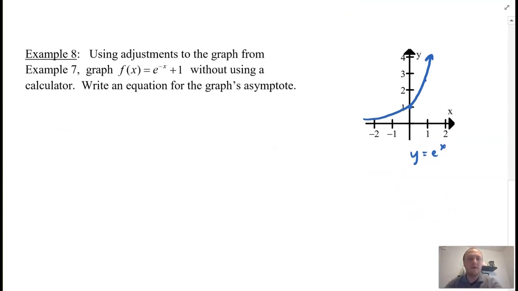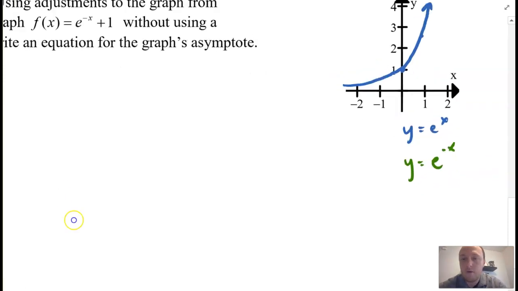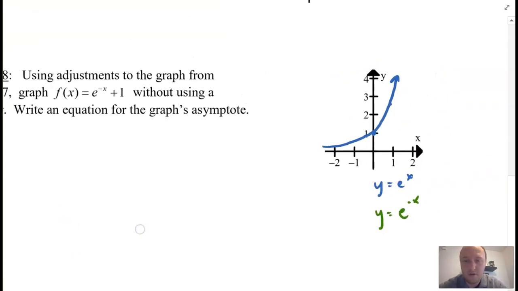Now I'm going to graph y equals e to the power of negative x. If you remember this from Accelerated Math 3, a negative in front of the x is going to cause a horizontal reflection, or a reflection across the y-axis. So our graph looks something like this.